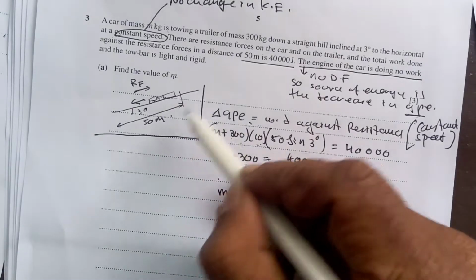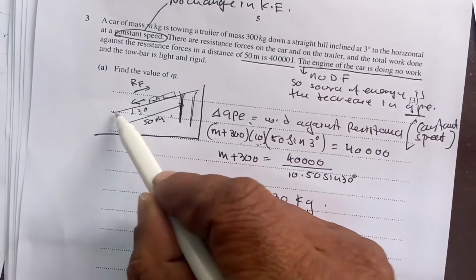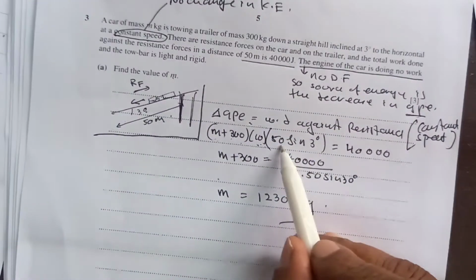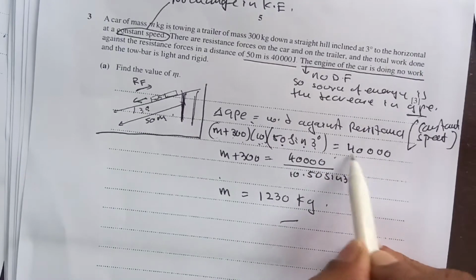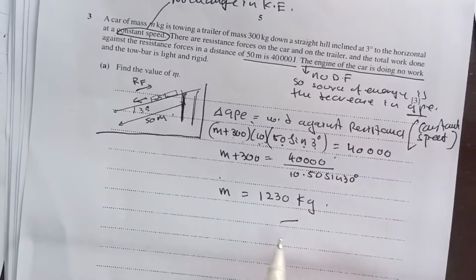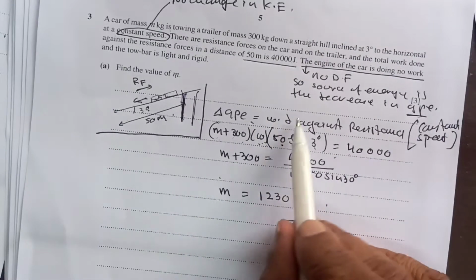H is height. Here you have this angle and the hypotenuse, so you can get height as 50 sine 3 degrees. And this is equivalent to the work done against resistance.